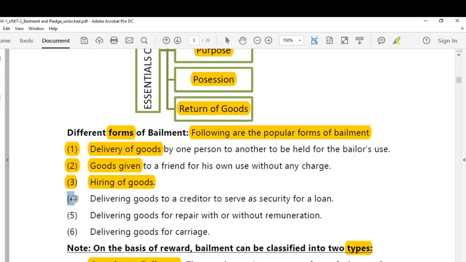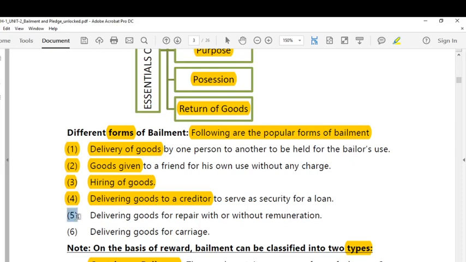The fourth one is delivery of goods to a creditor to serve as a security for a loan. Say, for example, if you give some of your properties to the creditor to serve as a security against the loan taken, that particular good which is being given to the creditor as a security comes under the fold of contract of bailment.